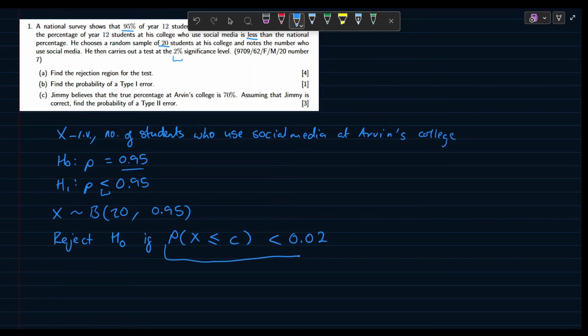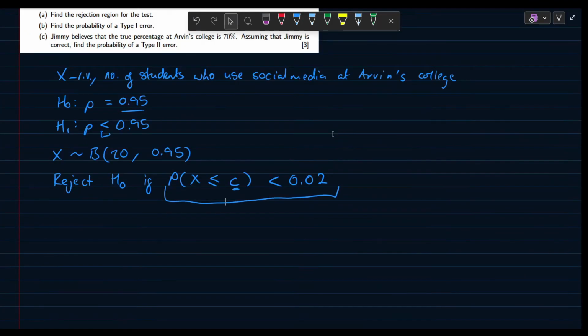So this here is what we're going to use to help us determine our rejection region. We need to find this critical value C, because that will give us our rejection region. If X is less than or equal to C, we will reject H0. So to find our critical value C, we're going to use trial and error until we get the first value of C that gives us a probability that is less than 0.02.